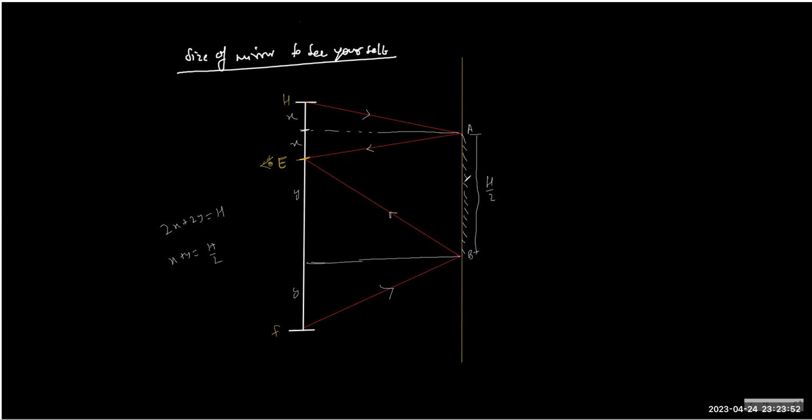Now, what if I take the half size mirror but don't place it like this? Imagine there is a person of height h, and we have a mirror of exactly half height, but kept in a way showing the figure. It is exactly half.